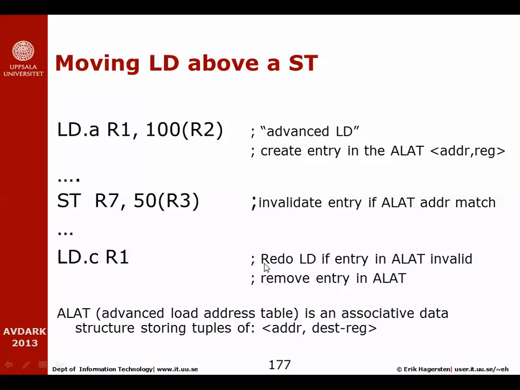If it's not in the ALAT, then we have to redo the load at this point. So maybe we take a software trap and we fix it right here. Or maybe we add some extra hardware support to fix it right here. But we have detected this probably rare event that this load and store are to the same address. And we make sure that we handle that in the right case, possibly by taking a software trap.